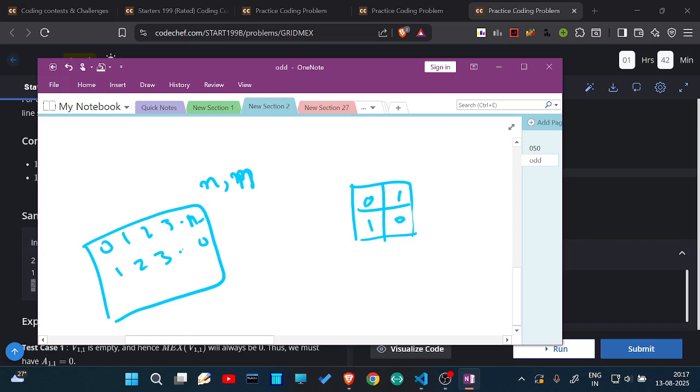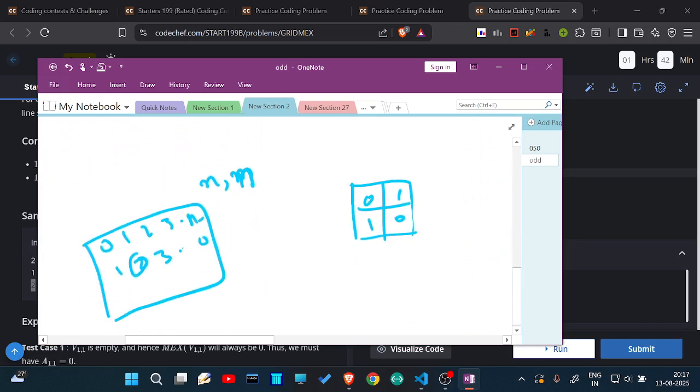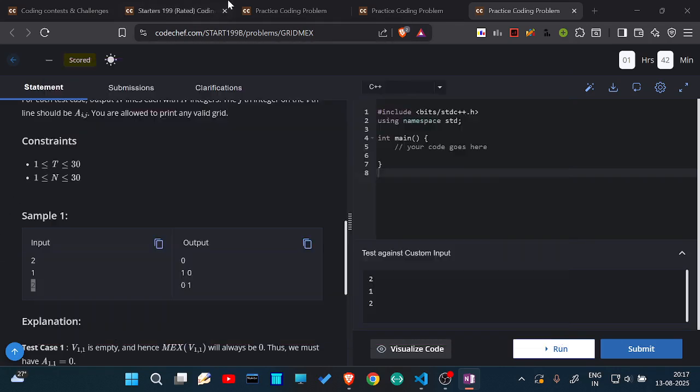Yeah, this is what is happening. And the last activity has 0. So you don't have a 2. Yeah, this is the solution. So you just fill it this way, right? Okay.